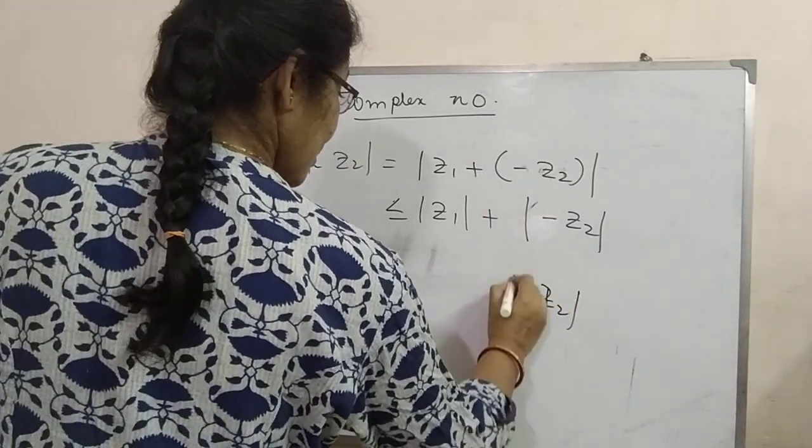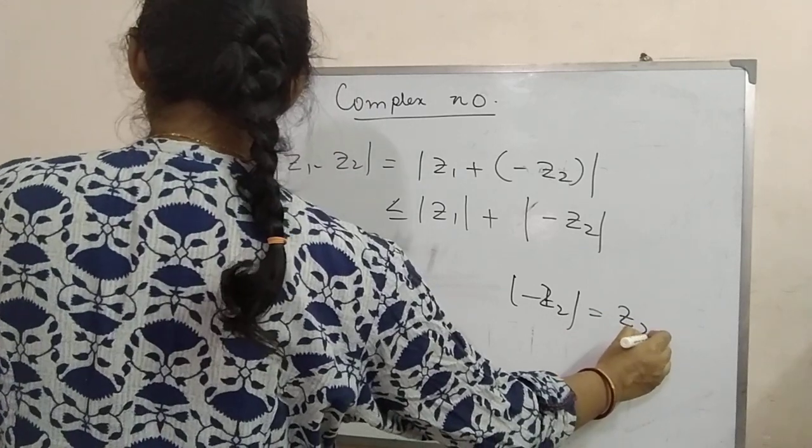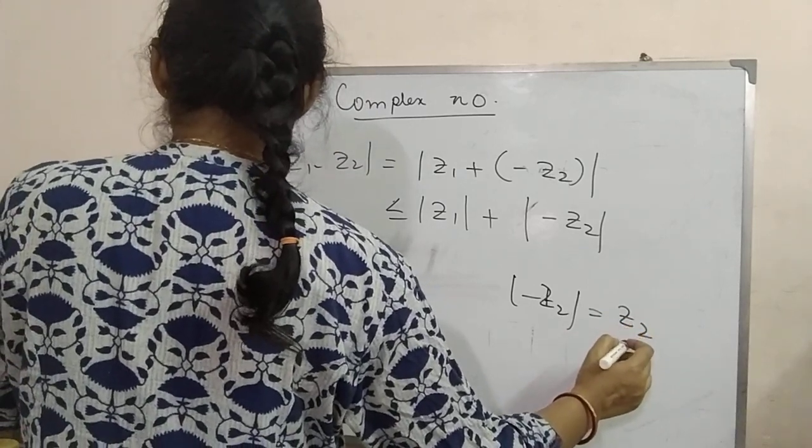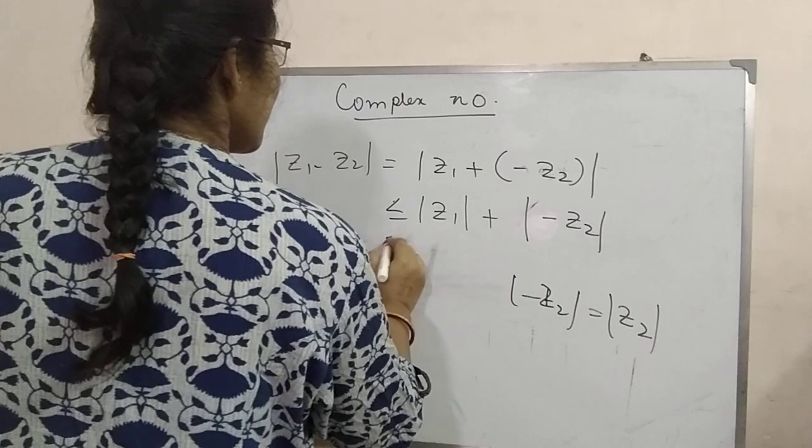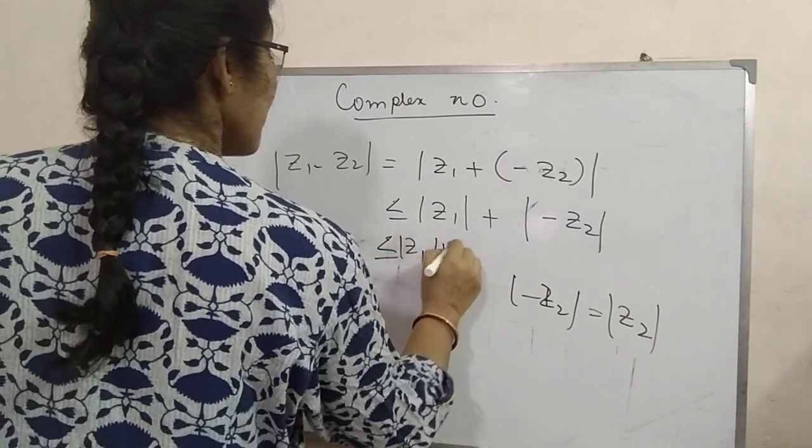Modulus of minus Z2 is equal to modulus Z2. So I can write it as modulus Z1 plus modulus Z2.